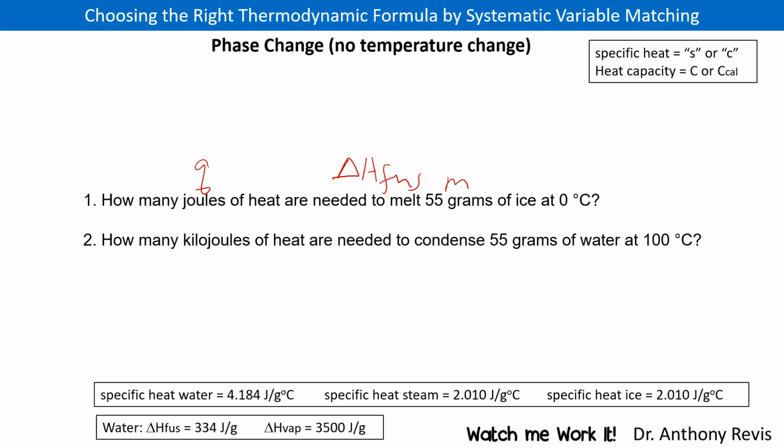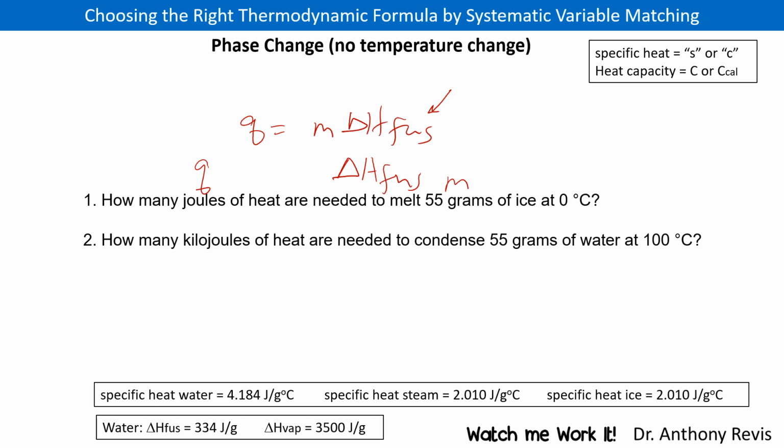There is no temperature change. Okay, so the formula here is Q equals M mass times delta H of fusion. And that's what happens at 0. So this is a standard. I look on a standard table for delta H fusion of water. Okay, it's the same as ice.